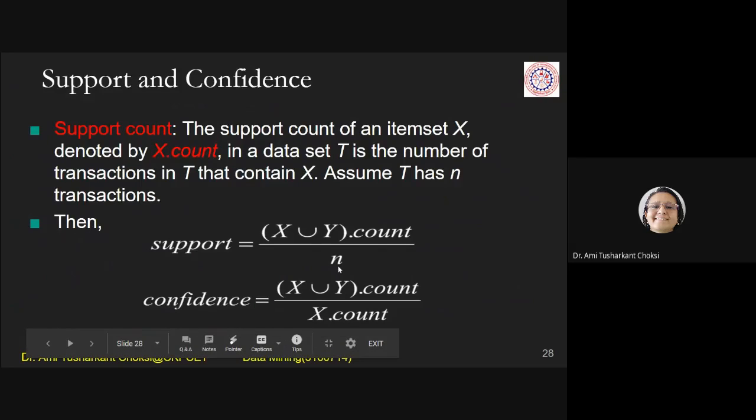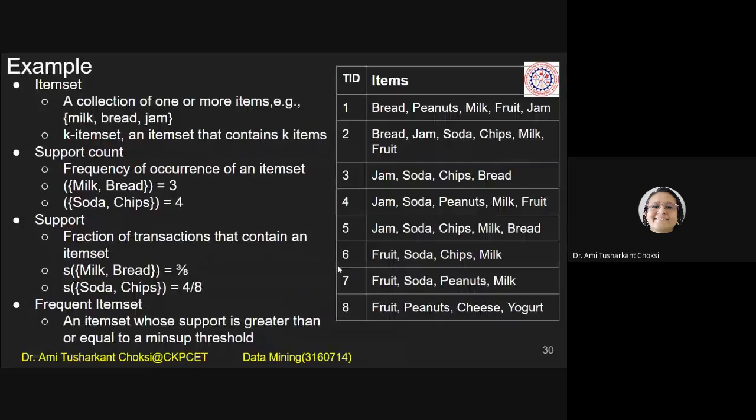For milk and bread, the support count of these two items is 3, and the total number of transactions is 8. So the support of milk and bread is 3 by 8.